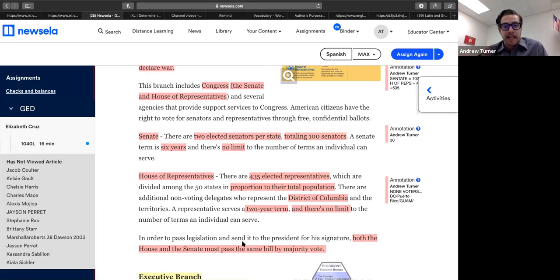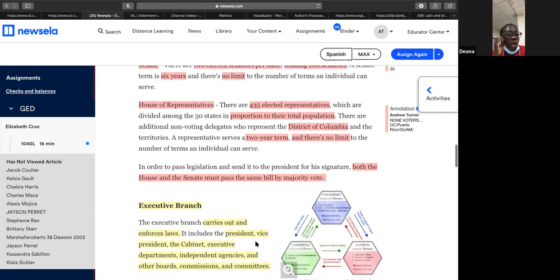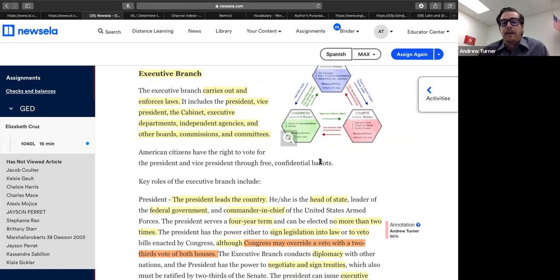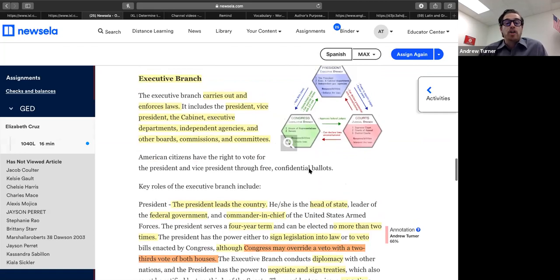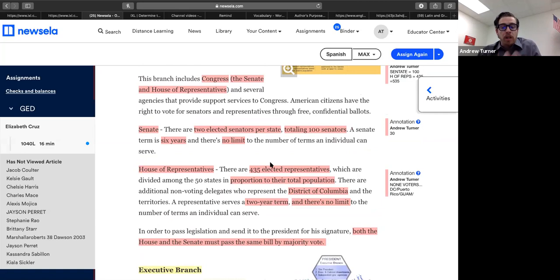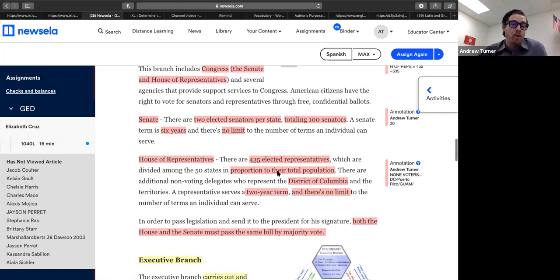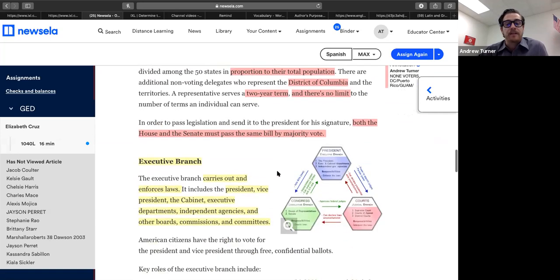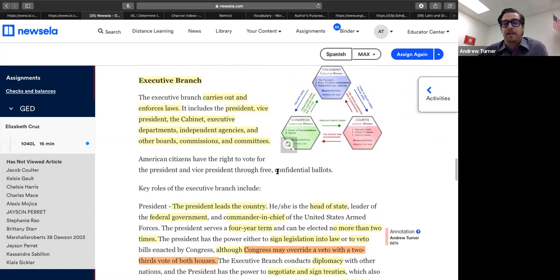So he was a congressman for close to 50 years. Wow, that's a long time. And then he also became a vice president. So the no limit on terms really holds true, and it's something that they've talked about changing.